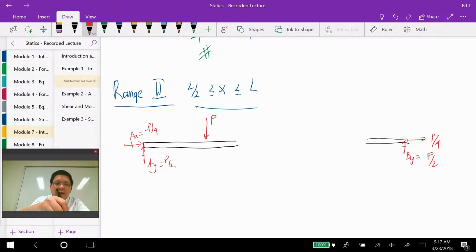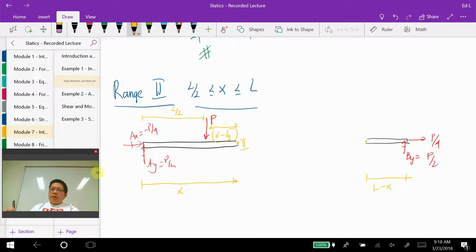Okay, and then this distance is L over 2, this is x, such that the distance in here is x minus L over 2, and the distance right here is L minus x, because we know the total length of the beam is L and we make a cut in here.